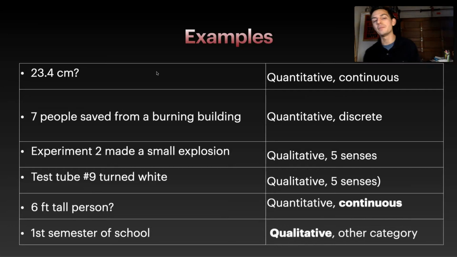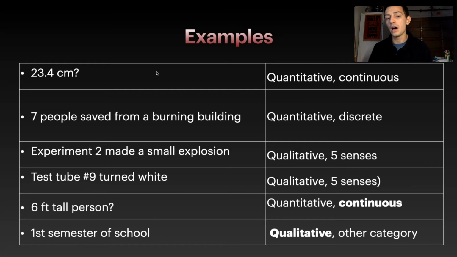Last one. The first semester of school. This one's kind of tricky, but it's actually qualitative data because just because it's the first semester, there are ways that we might put this in a way that it sounds like you're counting, but because it's just a label, it's just another category. We actually call this ordinal data. There's more statistics that you can take, and you'll learn about ordinal versus nominal.